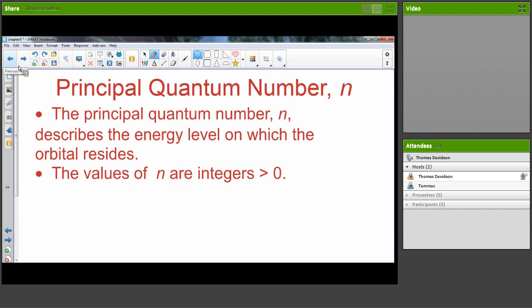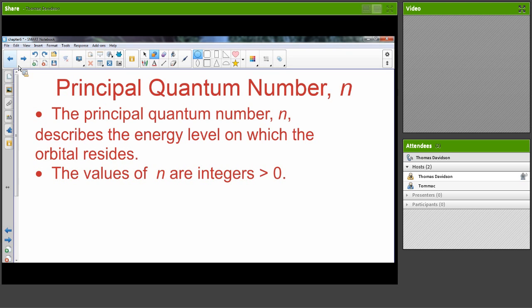We have what we call the principal quantum number, which is represented with the letter n. The principal quantum number n describes the energy level on which the orbital resides. Now, there are some rules to these letters and what they can be. The values of n are integers greater than 0.